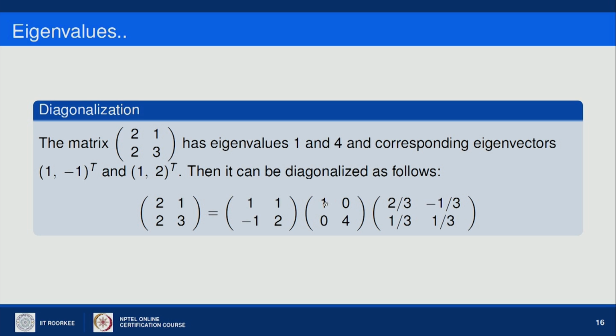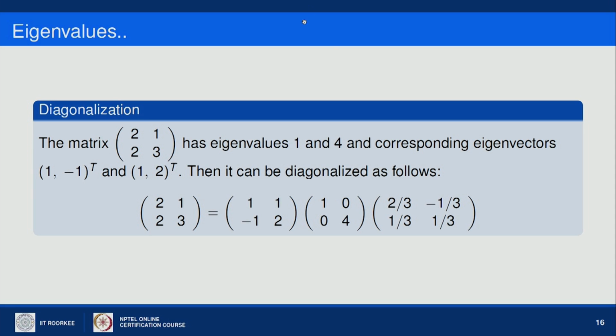D is a diagonal matrix having the eigenvalues as the diagonal entries. The only thing you have to note is that the first eigenvalue is 1 in the first row, so the eigenvector corresponding to 1 should be the first column. Similarly, 4 is in the second row, so the eigenvector corresponding to 4 should be in the second column, and then P inverse. If you multiply these 3 matrices, the product comes out to be this matrix.